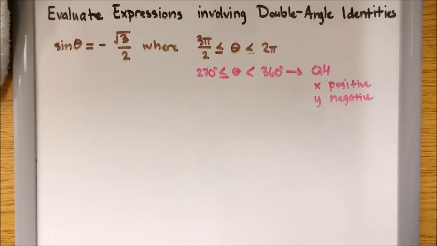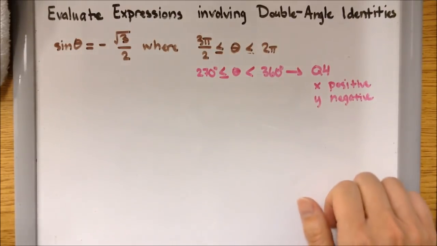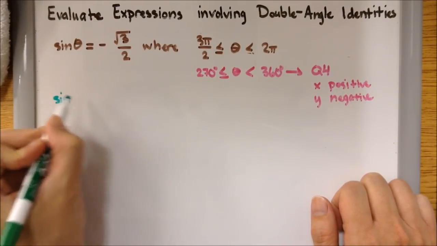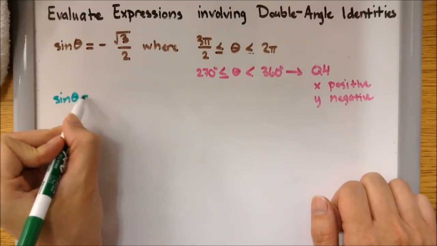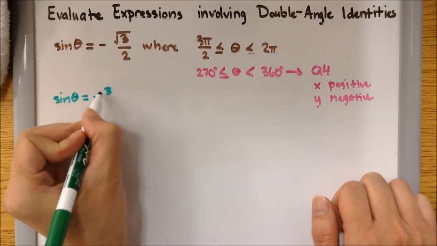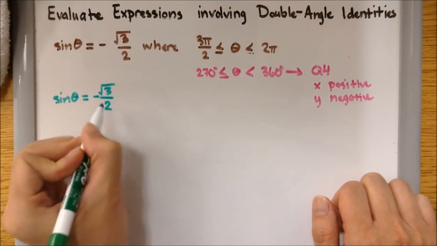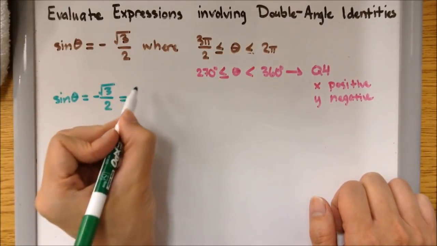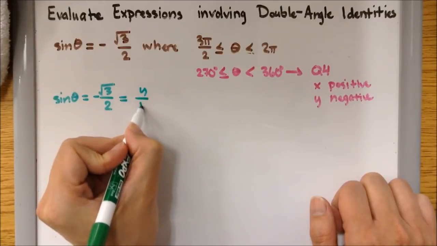Now, sine theta is equal to negative square root of 3 over 2. So let's review sine theta equal to negative square root of 3 over 2. And the definition from 4.1 is y over r.